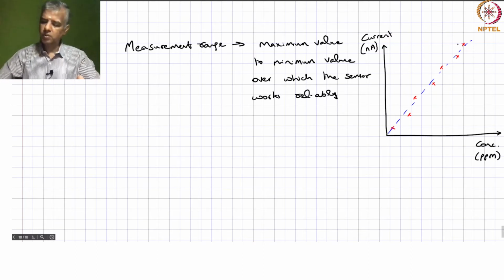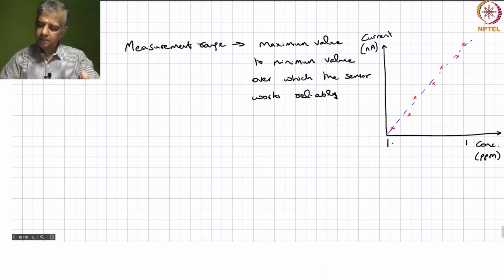So in this case, what we see is we can say it starts working from here, and then up to this point it's able to maintain this linear relationship. If you try to push this even further, like we saw in the specification sheet, it might respond, but it may not conform to these specifications.